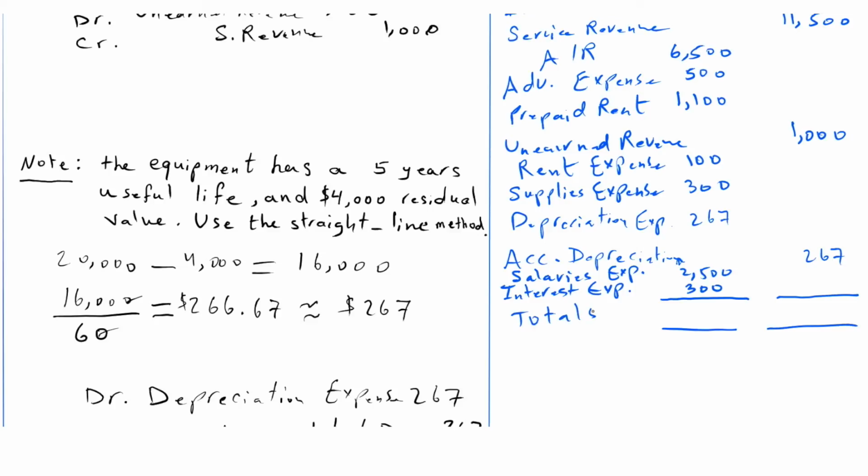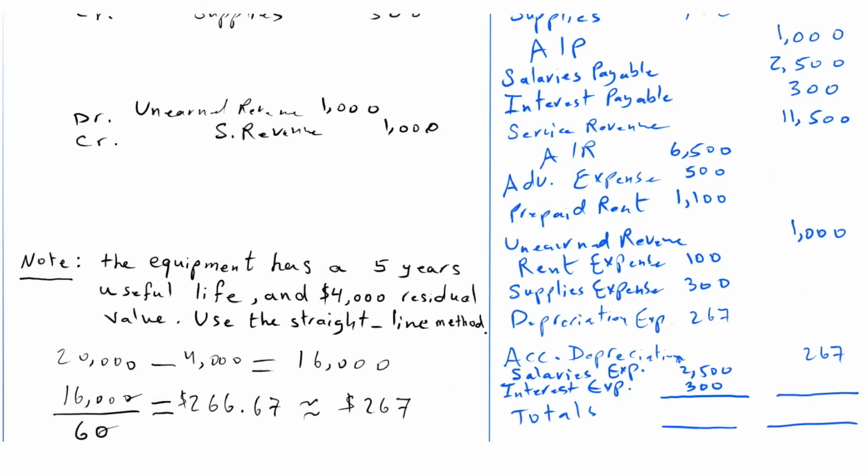As you know, the purpose of the trial balance is to make sure that our total debits will equal the total credits. After adding all the total debits and total credits, I came up with $116,567 on both sides. If you did not get them equal, definitely you did something wrong.